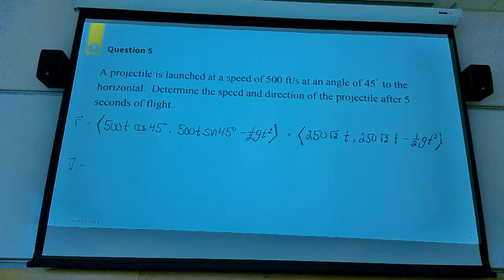We're going to need velocity. Direct that when t is 5.